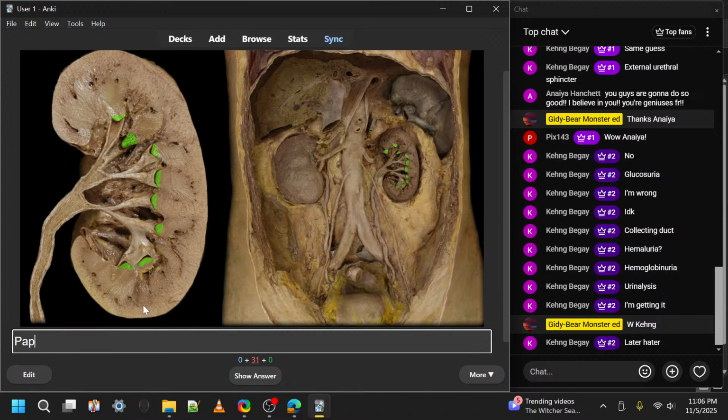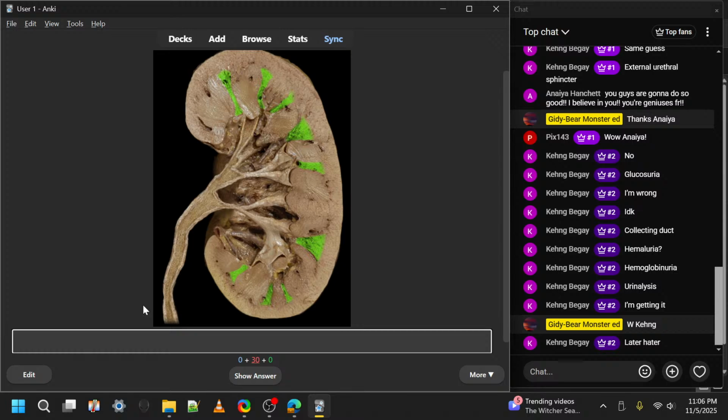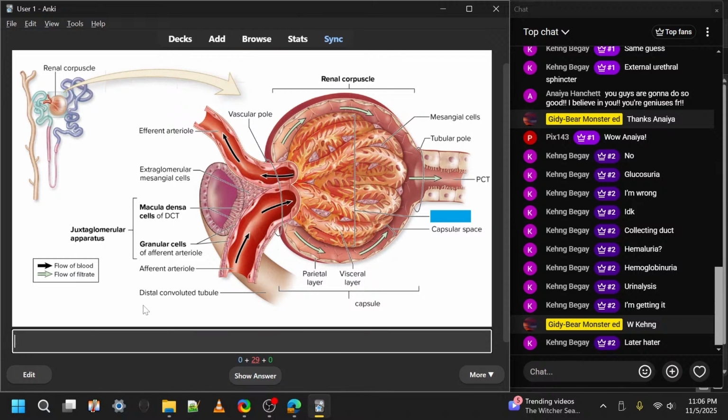This is the papilla, or papillae, plural. This is the renal column. Dang it, column. This is columns. This is the glomerulus.